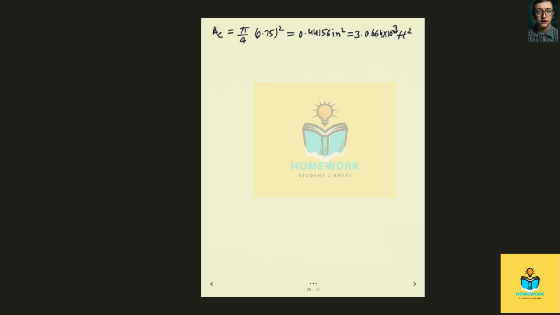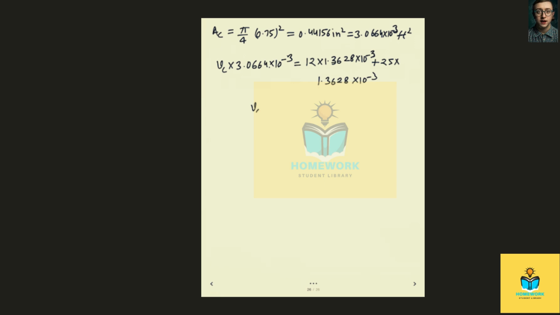So by substituting the values, and velocities of A and B are also known, we can write Vc multiplied by 3.0664 multiplied by 10 to the power minus 3 equals 12 multiplied by 1.3628 multiplied by 10 to the power minus 3 plus 25 multiplied by 1.3628 multiplied by 10 to the power minus 3.